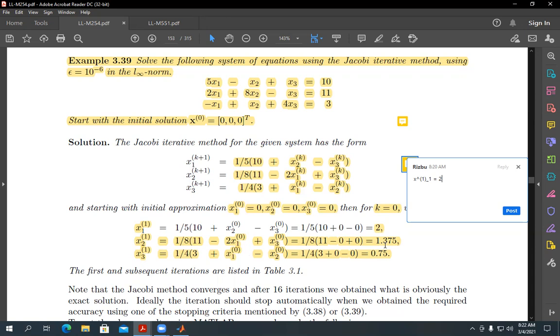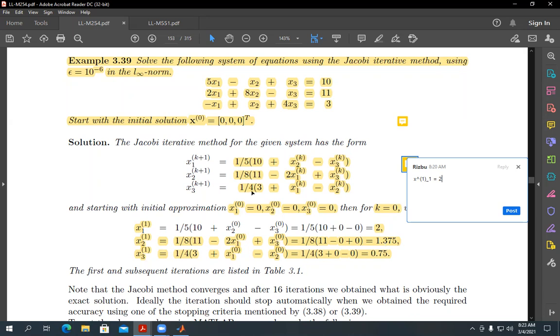The Jacobi formula says in the first step only use the initial approximation, in the second step only use the first approximation, and the third uses the second. But the modification we make is that when we have the new approximation of a variable, we use it in the same step, not the old one; the new one we have to use here.